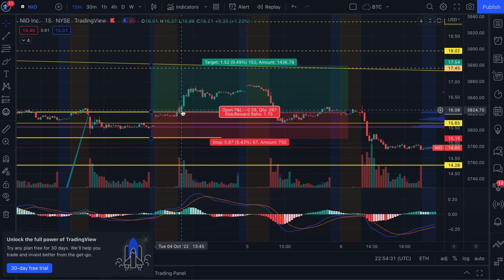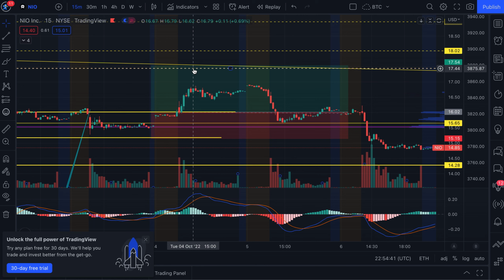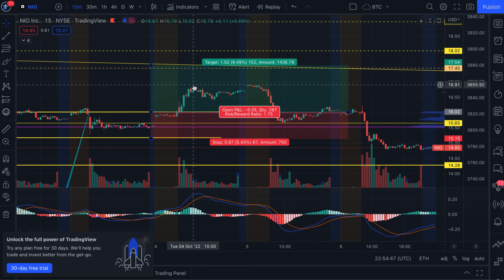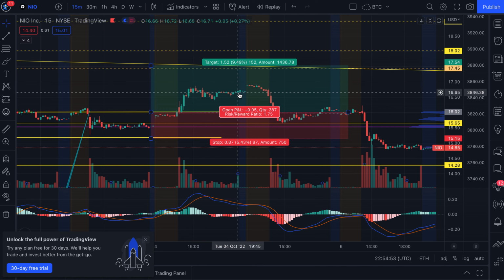But on the second candle, it actually closed above that resistance. So this was our entry point right here. So we did have a small profit with our first target, which was $17.44. So it was about $1.44 above our entry, but it definitely wasn't reached. And then after that, it just kind of leveled off.